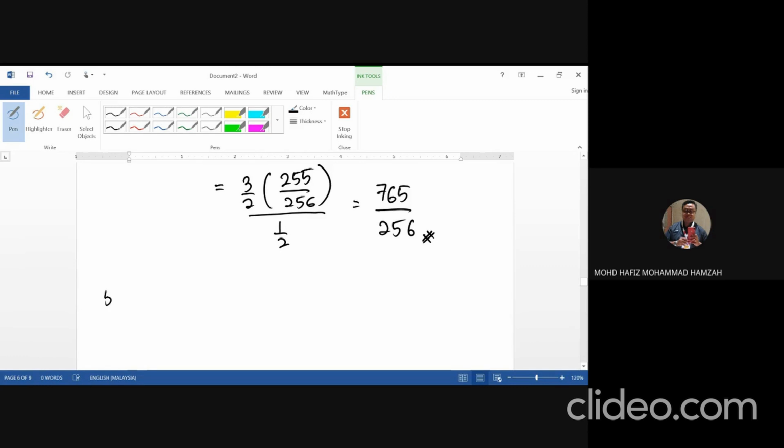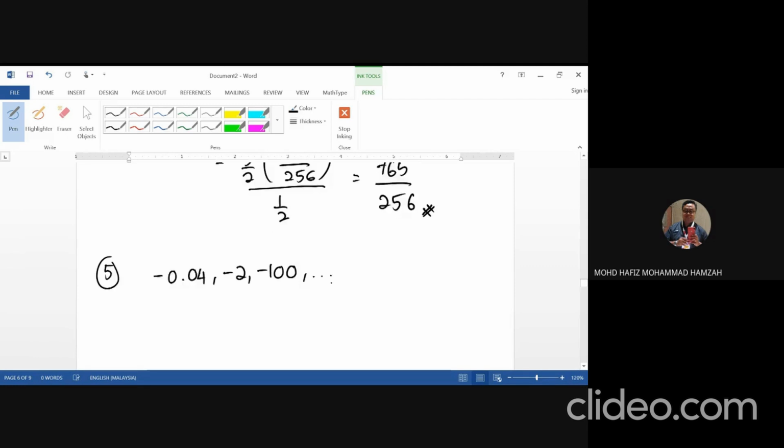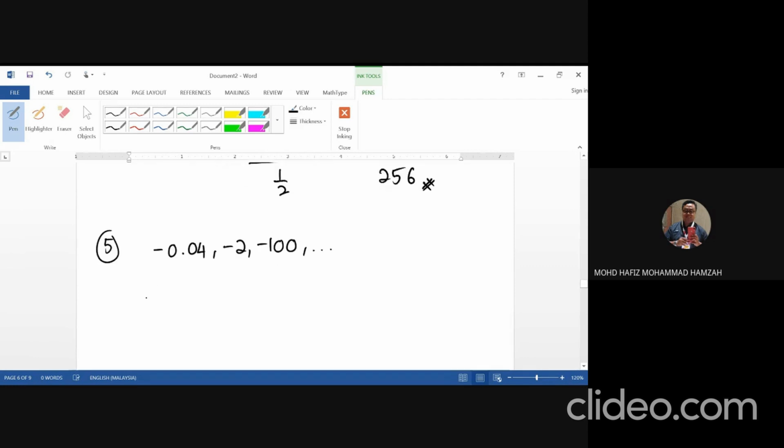Okay, so last but not least, number 5 ni. Nombor 4 buat sendiri ya. -2 and then -100. Okay, so first question, find the value of A and R. So A adalah term yang pertama ni lah, so negatif 0.04.